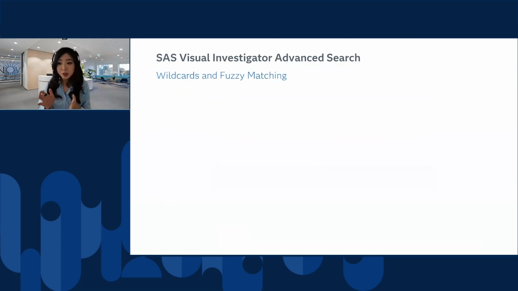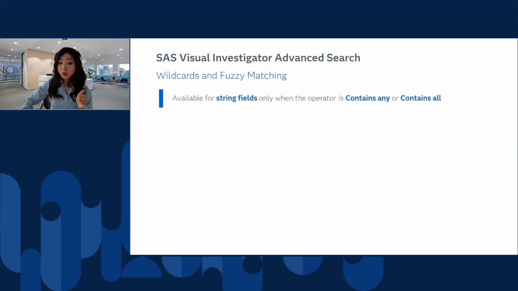And before we jump into the demo in the environment, I just wanted to revisit the available wildcards, fuzzy matching, and modifiers that we can use in an advanced search context. So wildcards and fuzzy matching will be available for string fields only when you set the operator to contains any or contains all.